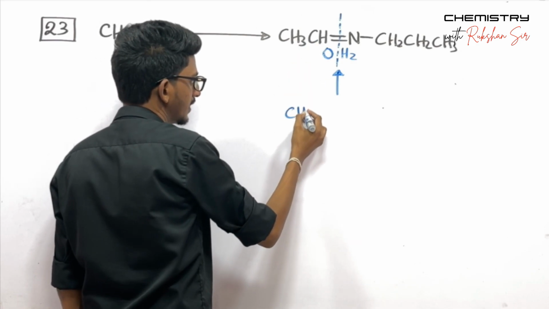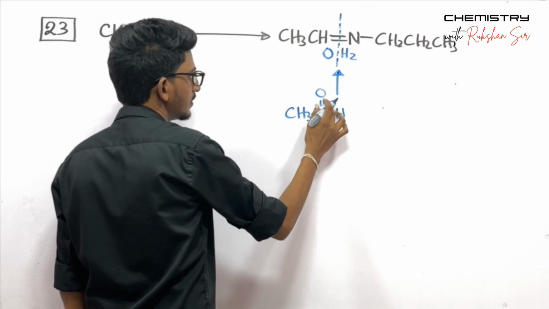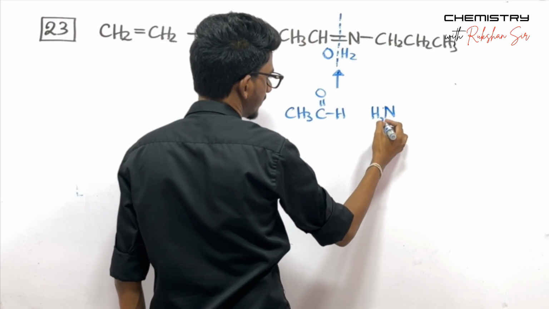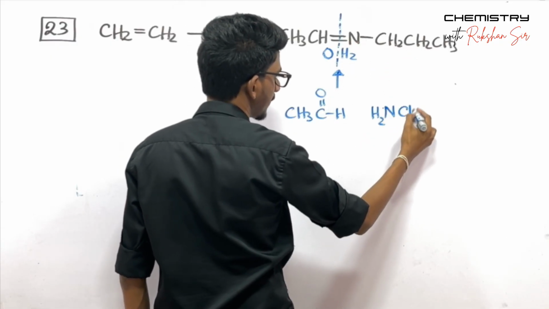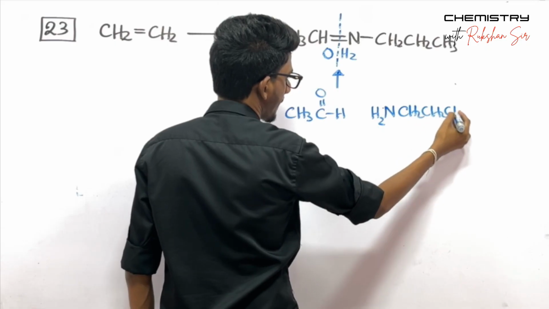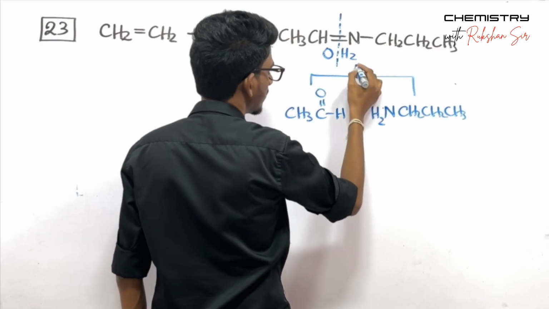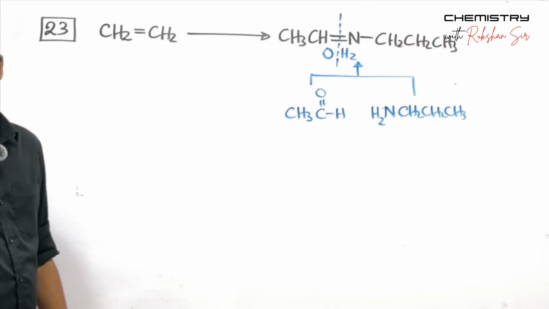So the two compounds are then the carbonyl carbon with the oxygen, it is going to be an aldehyde, and this primary amine, NH2 CH2 CH2 CH2. Right? If you react these two, definitely this compound will form.